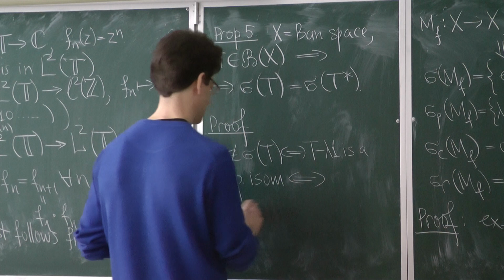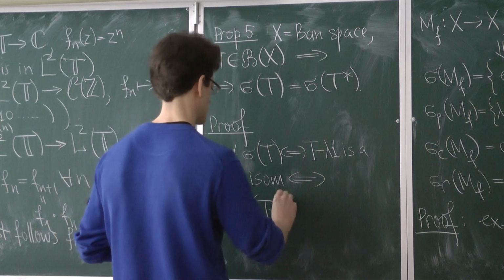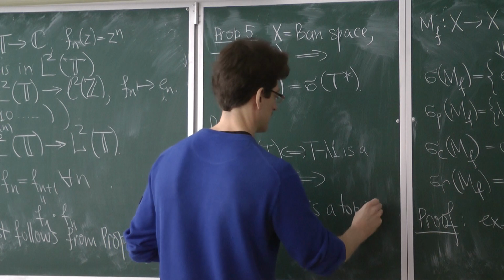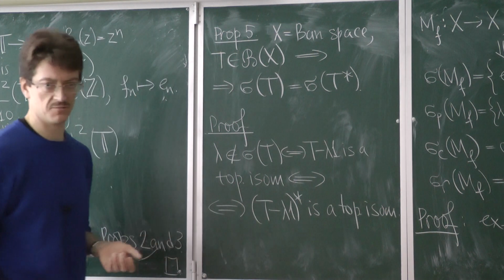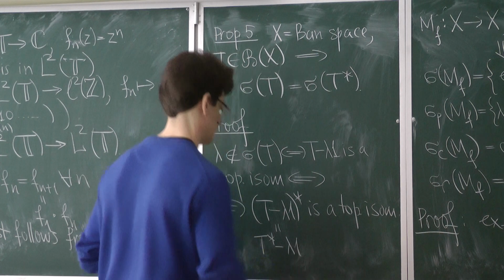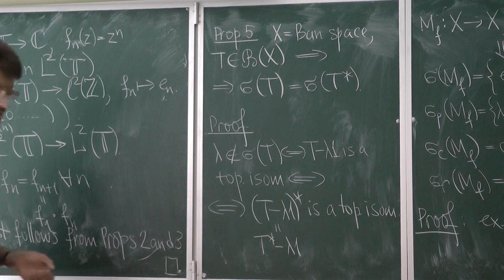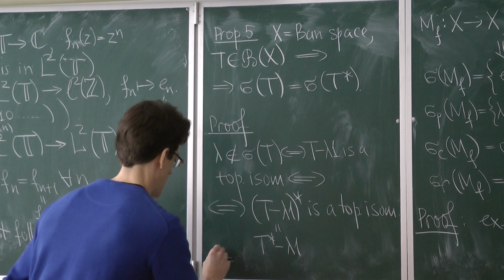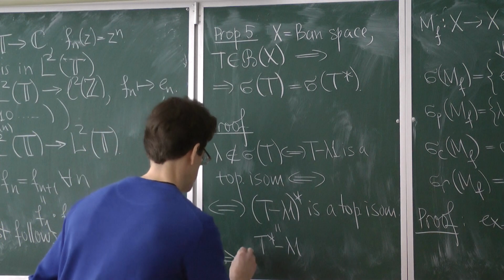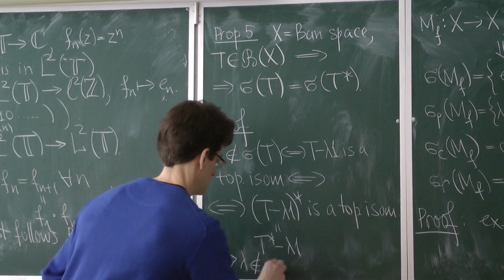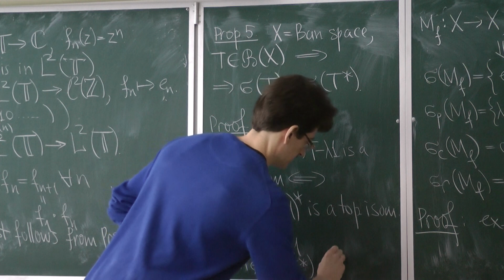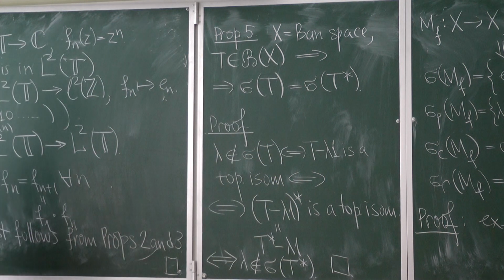And this happens if and only if the dual operator is a topological isomorphism. But the dual operator of T minus lambda is T star minus lambda. And so this operator is a topological isomorphism if and only if it is an invertible element in the algebra of bounded operators, that is, if and only if lambda is not in the spectrum of the dual operator T star. And that's it. So T and T star have the same spectrum.